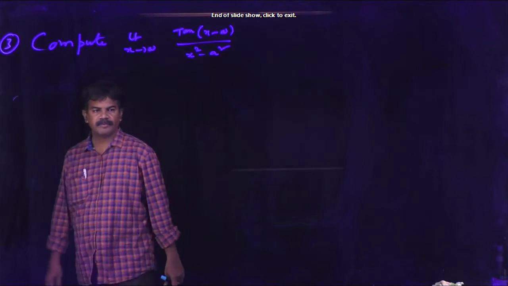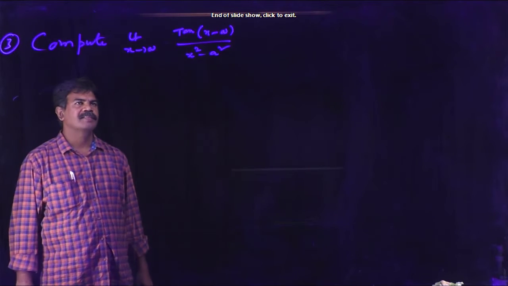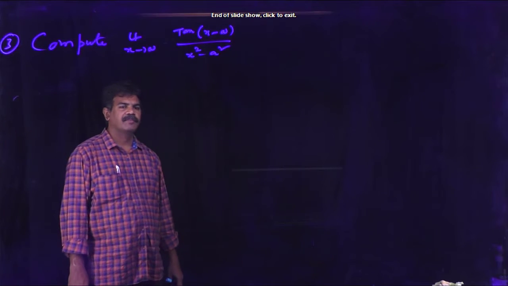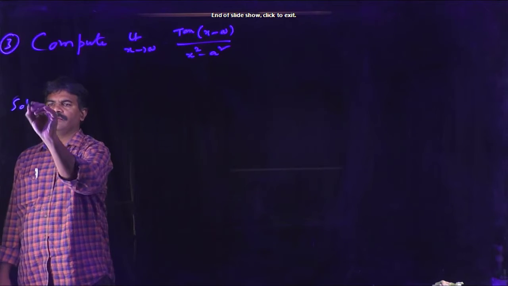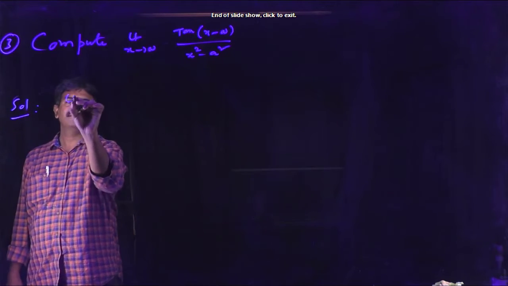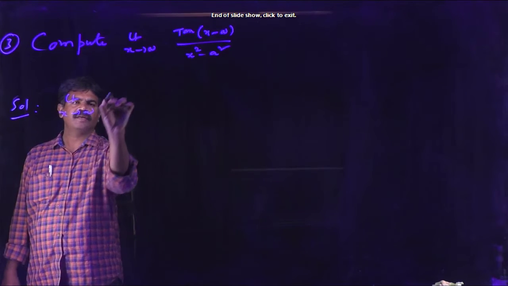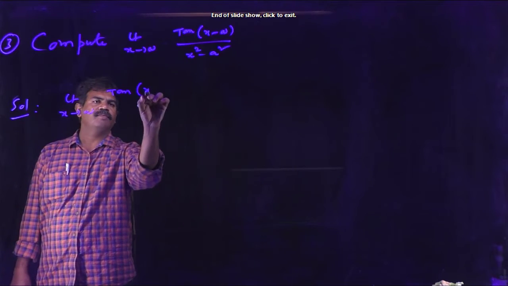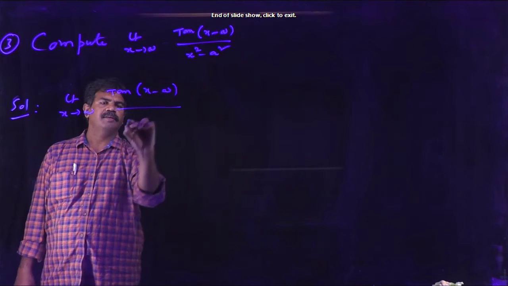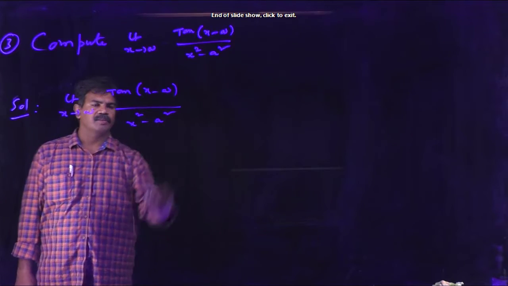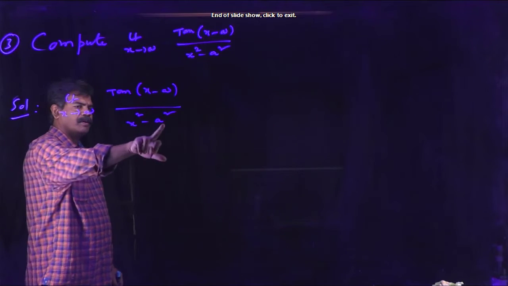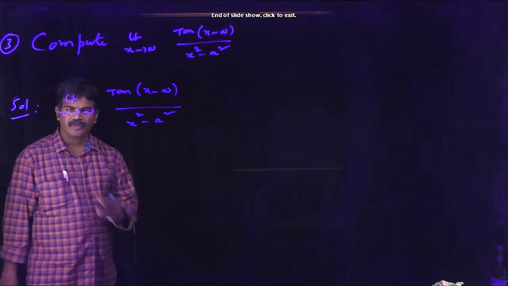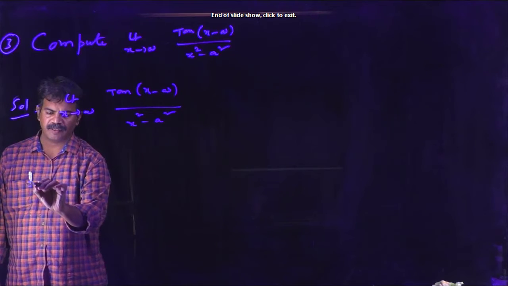Next another problem is: compute limit x tends to a, tan of x minus a by x square minus a square. Given limit x tends to a, tan of x minus a by x square minus a square. In the denominator, it is in the form of a square minus b square, so we write a plus b into a minus b.